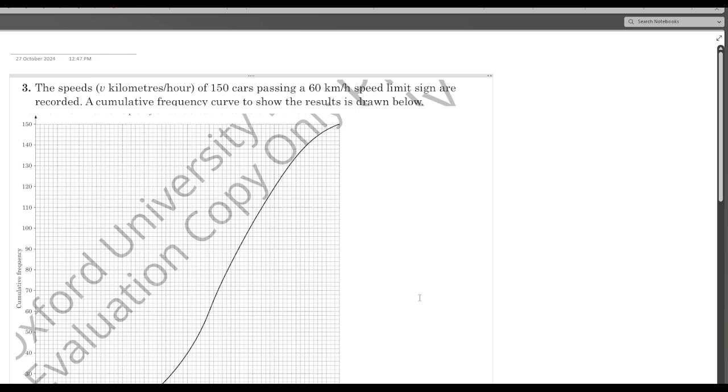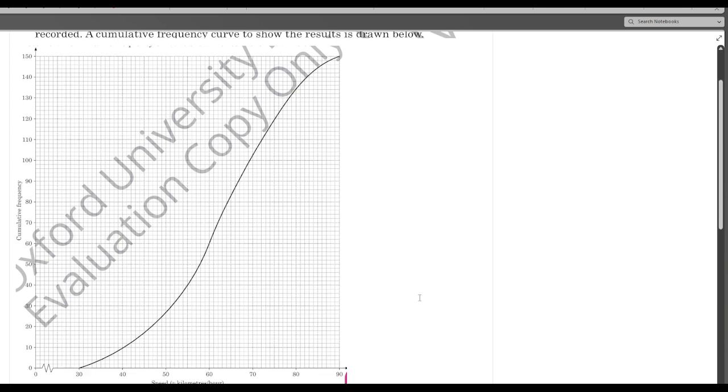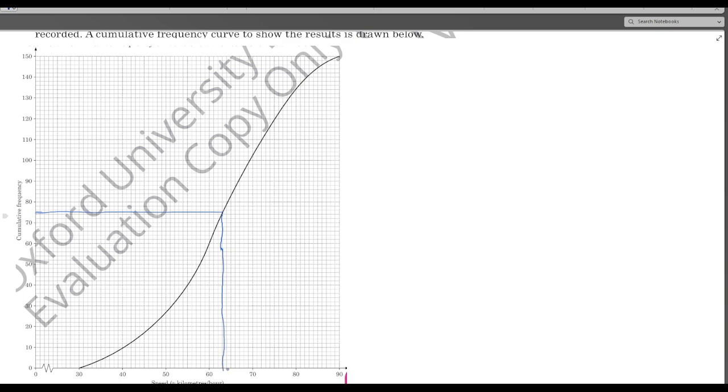If I want to find the median, it will be 150 divided by 2, which is 75. So from 70 to 80, I have 1, 2, 3, 4, 5. So 75 will be somewhere here. From this point, I will draw one horizontal line, and then from this point one vertical line, and you will get this point.